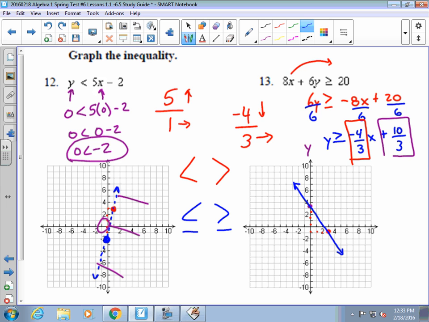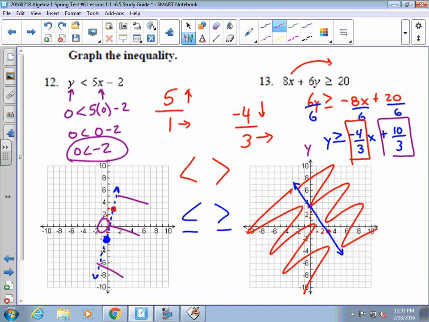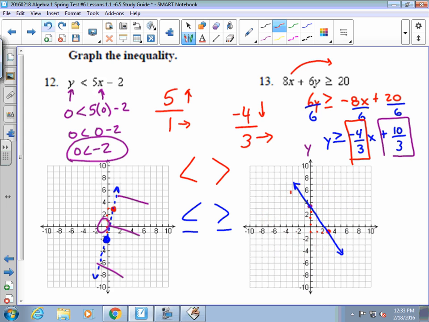The second difference is we have to shade one of the half planes. We have to shade all of this, or we have to shade all of this, depending on which side is true in the inequality. The way we can determine which side is true is we could plug any point in that doesn't fall on the line to see if we get a true statement or not.